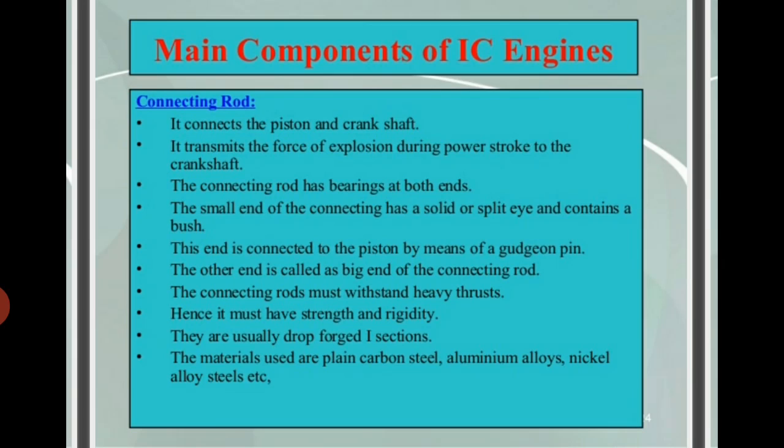This end is connected to the piston by means of a gudgeon pin. The other end is called the big end of the connecting rod. The connecting rod must withstand heavy thrust, so it must have high strength and rigidity. The material used for manufacturing is basically carbon steel or aluminium alloys.